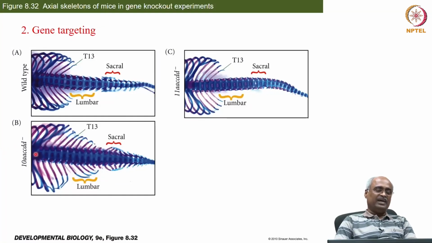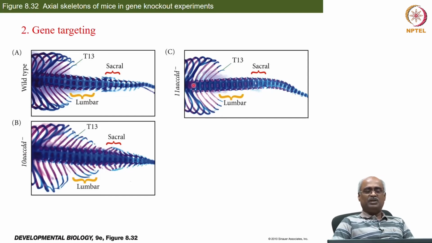Then you have the expression of the 9 extending posteriorly, ending up producing rib cage like vertebra here in the lumbar region. Okay. Again supporting the Hox code hypothesis. The combination of Hox genes specifies the segmental identity in any given position along this axis.